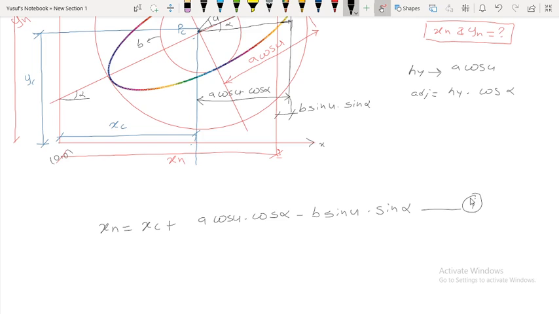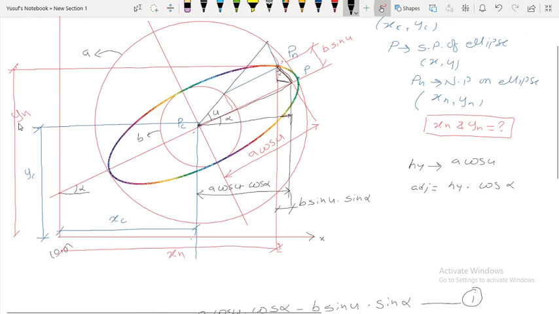Now similarly, we have to calculate yn. Here in the geometry we can see yn. From this triangle only, I can calculate the vertical length.